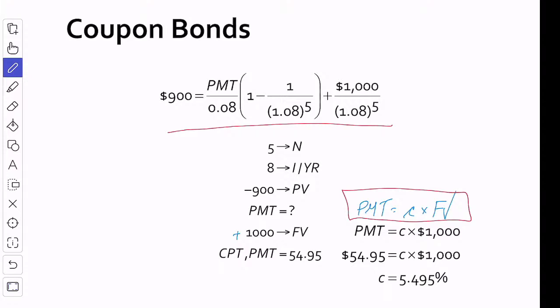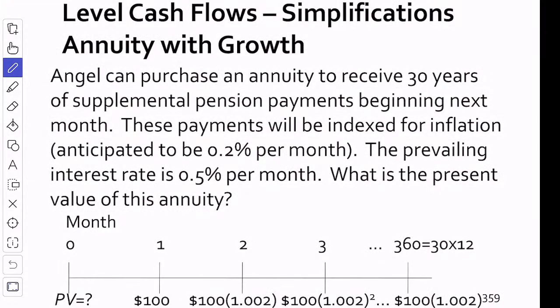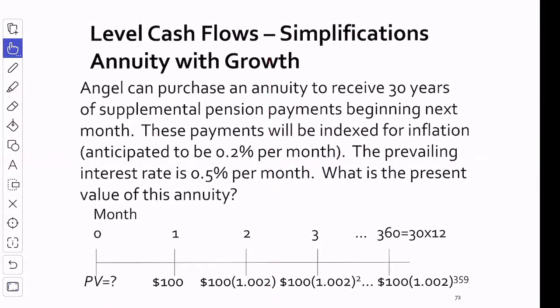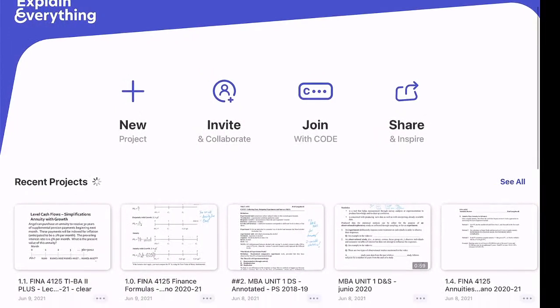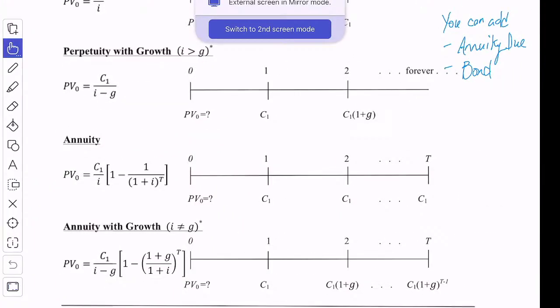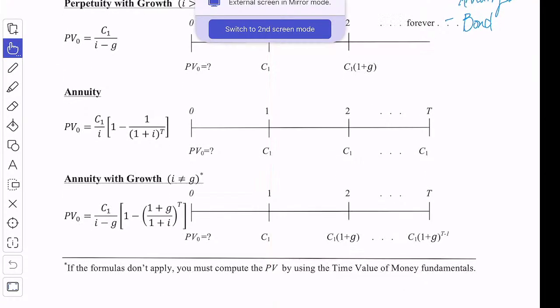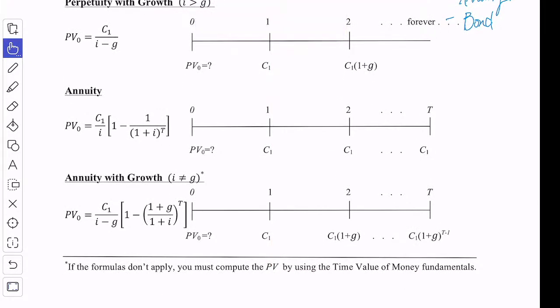All right, let's move on. So the last formula on the formula sheet is the annuity with growth formula. How many of you have seen this before? Annuity with growth. Who's seen this before?